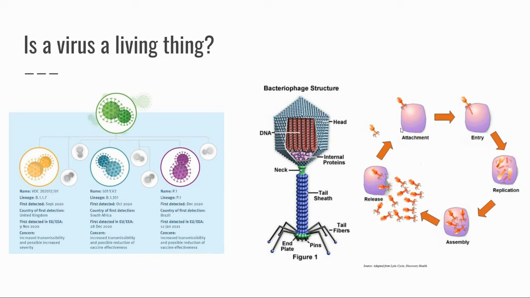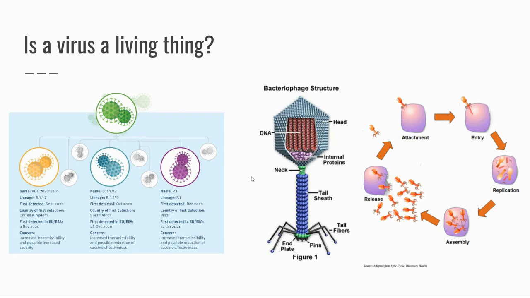And then the structure of a virus. A bacteriophage is a virus that attacks bacteria. The coronavirus is a virus that attacks humans, and that's actually called the host range. The host range is whichever organisms a virus can attack or use as a host.